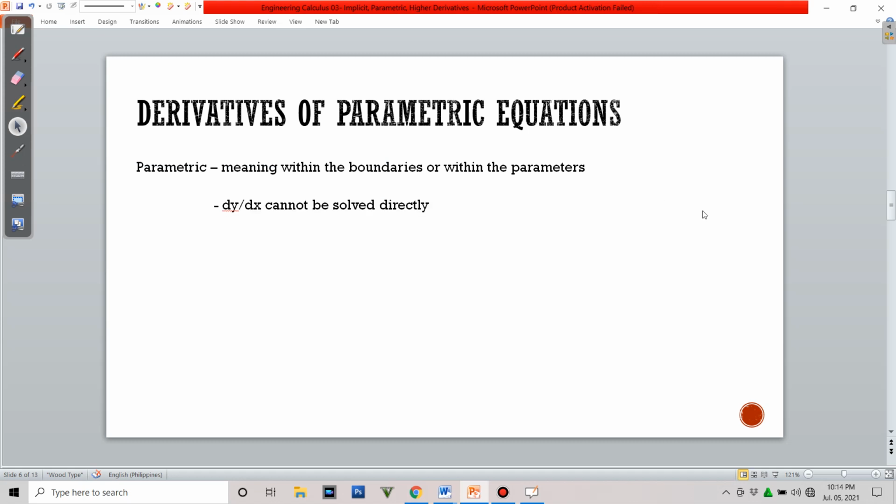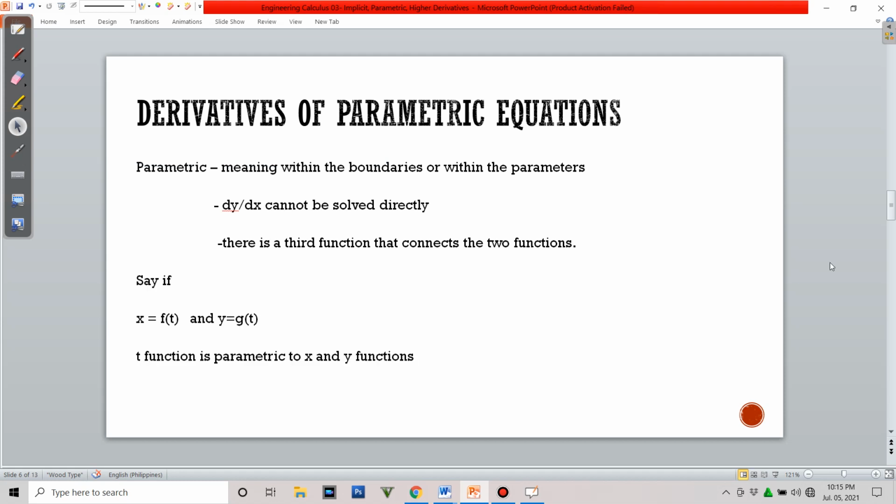It simply means that dy dx cannot be solved directly, wherein there is a third function that will connect the two functions. Say if we have x as a function of t and y as another function of t, then t is parametric to the x and y functions.